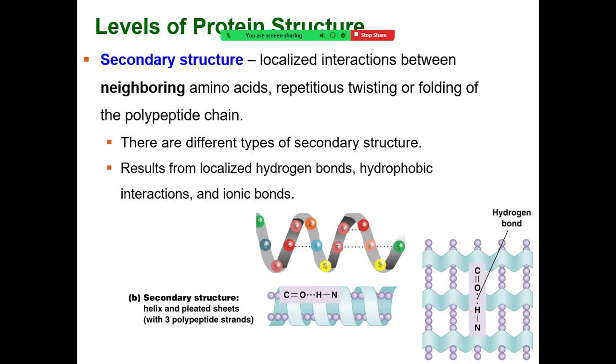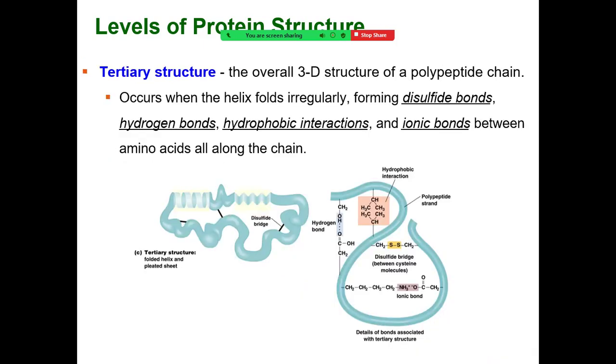All right, once the secondary structure forms, the protein can then supercoil, taking on close to its three-dimensional shape. And if it's only one polypeptide protein, that will be its three-dimensional final shape.